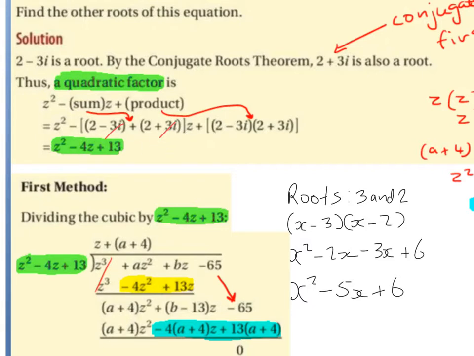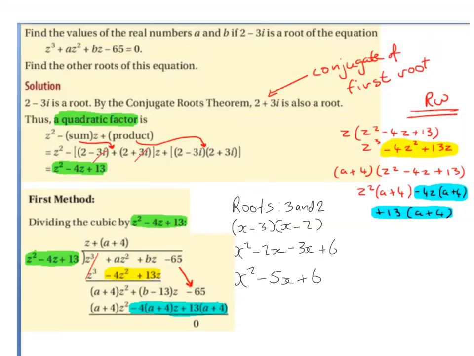And then multiplying out 2 minus 3i by its conjugate, the quick way to multiply conjugates is we square the first number, which is 2, and we square the second number, which is minus 3 or positive 3. Either of those squared is 9. And then we add to get 13. So now we have a quadratic factor of our equation.